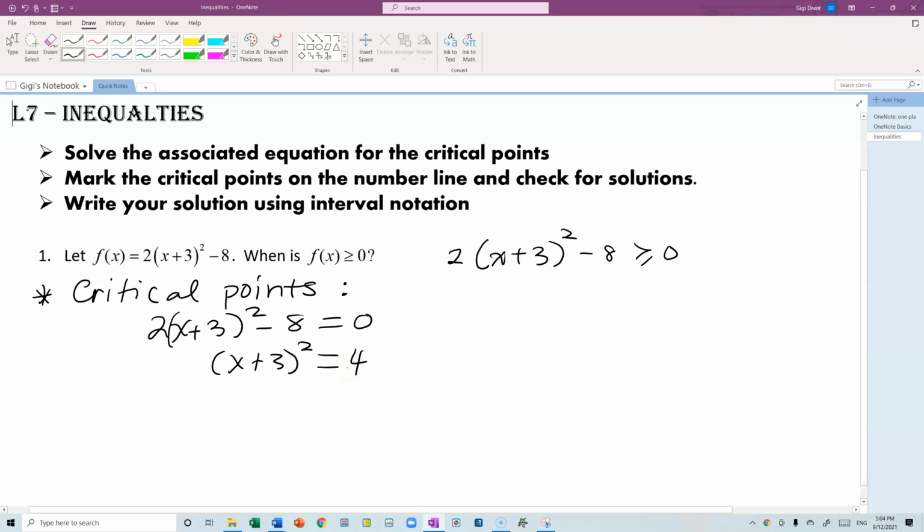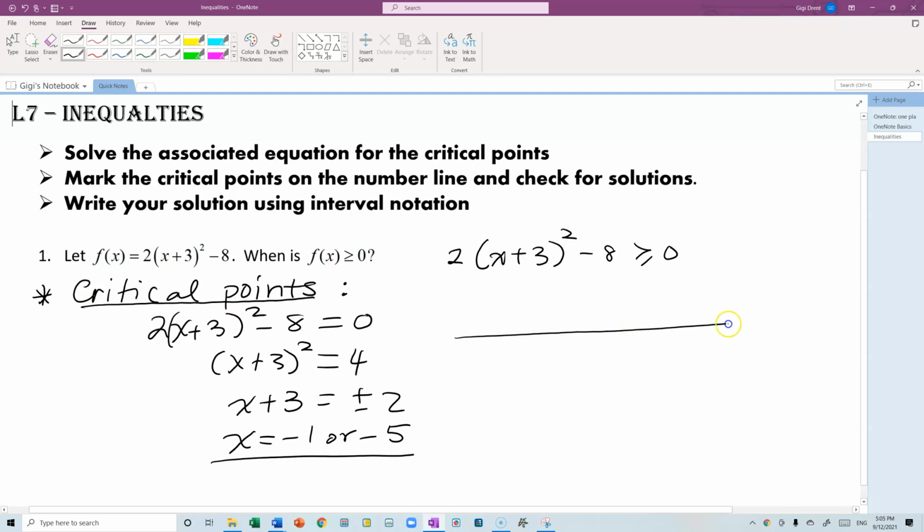So when does (x plus 3) squared equal 4? When x plus 3 is plus or minus 2, right? So that means x will equal negative 3 plus 2, which is negative 1, or negative 3 minus 2, which is negative 5. So these are your critical points.